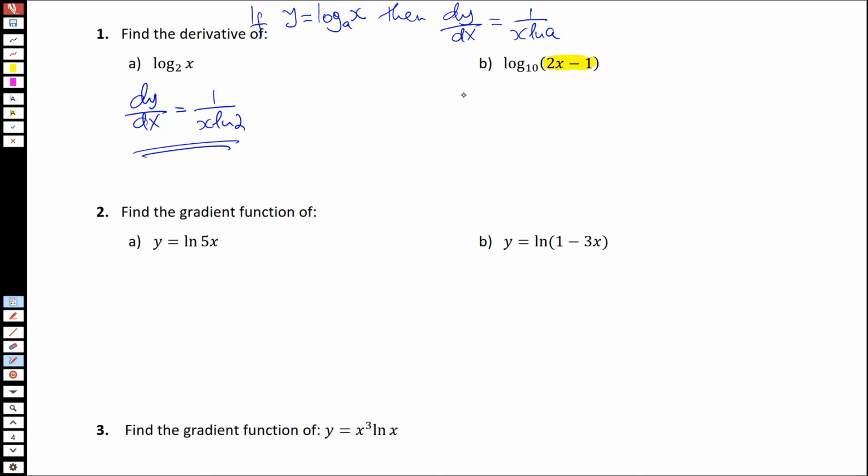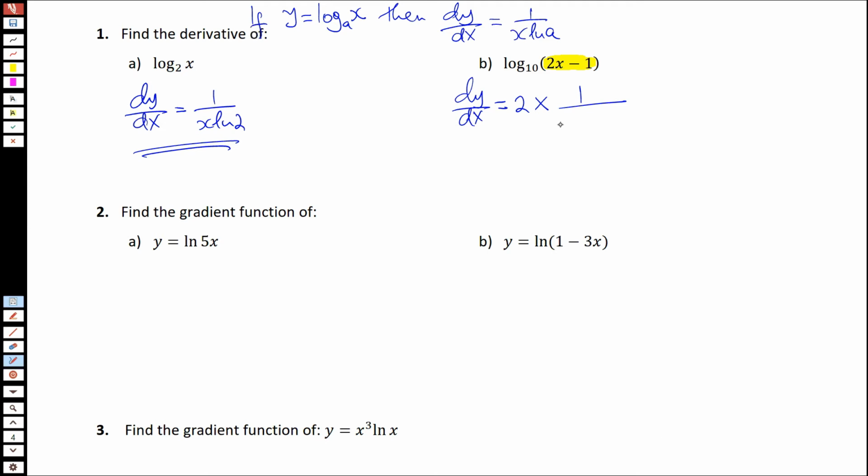So dy over dx will be equal to the derivative of the inside part, which is 2, multiplied by the derivative of the outside. Now, the derivative of the outside will be equal to 1, because now the outside is the logarithmic function, 1 over our x is 2x minus 1.